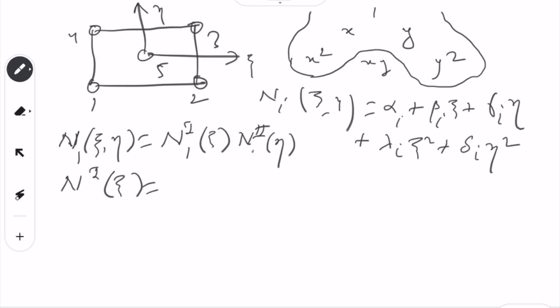So this will be N1, how are we going to find it out? We are going to find this, and here it has to be 0 and here also it has to be 0, right. So either you can have it like this.